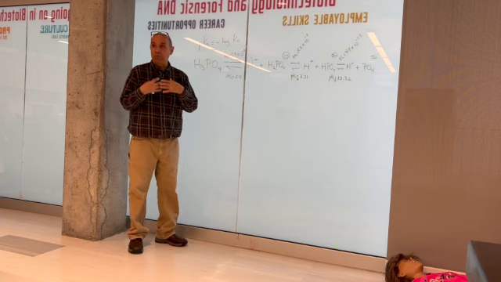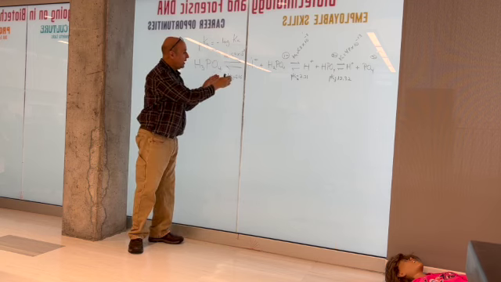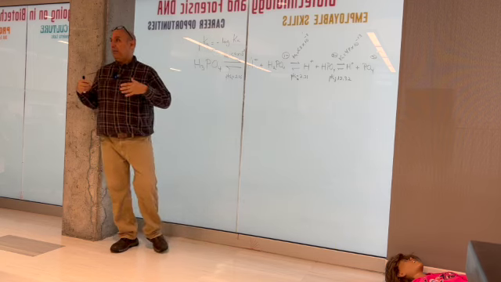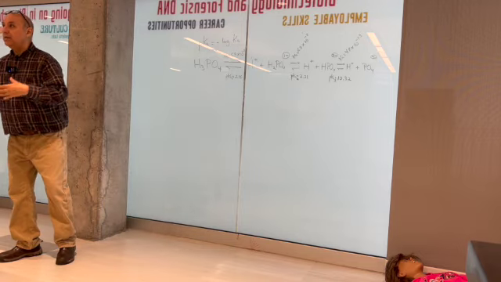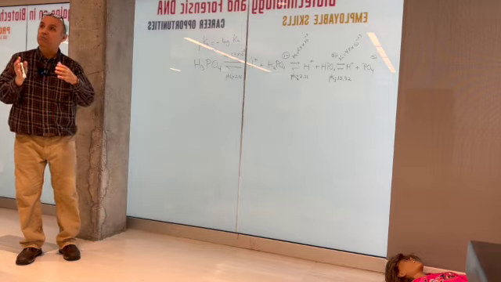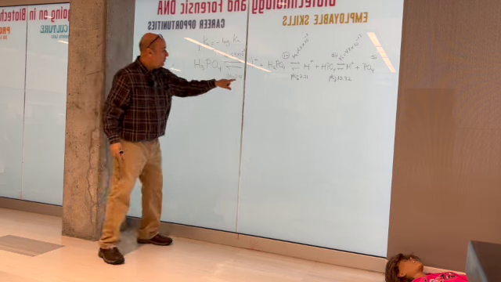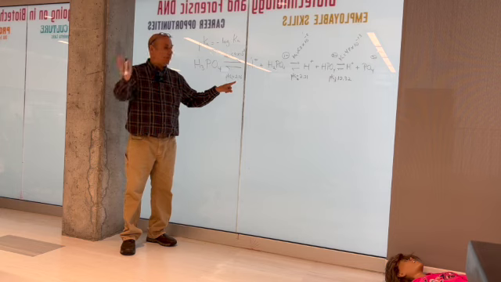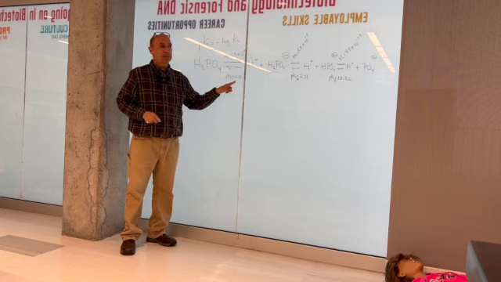In other words, if I wanted to use phosphoric acid as a buffer, I better want the pH to remain constant around 2, because this guy will only work as a buffer around pH 2.